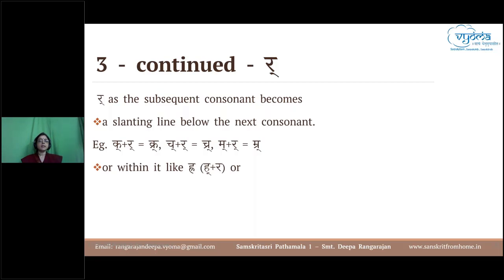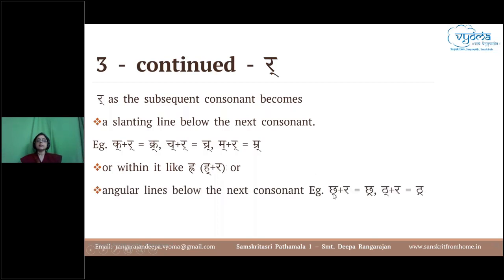The other possibility is, here also it is a slanting line, where in Hakara, the slanting line has come within the Hakara itself and not below it. So here, because of the shape of Hakara, it permits the slanting line within it as a hr. So h plus r is hr.